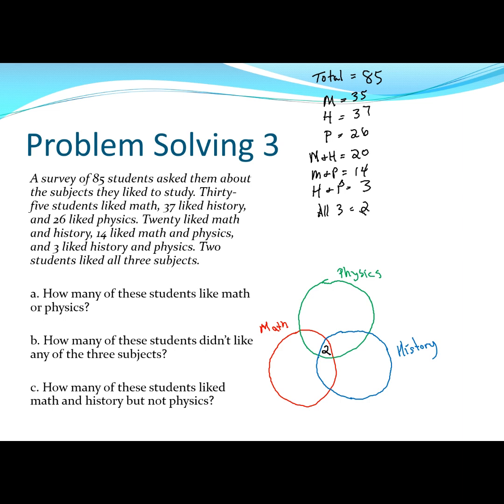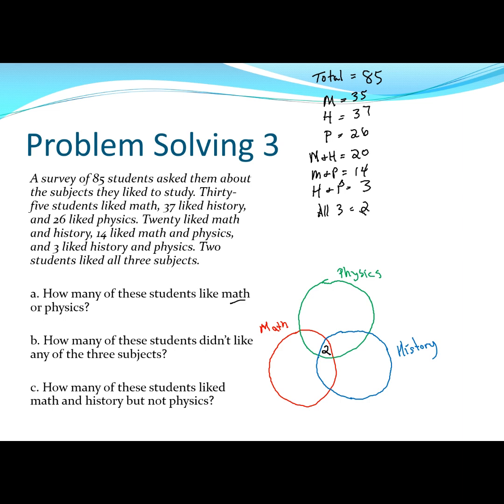All right, so for only math, for letter A, we need to find out how many of these students liked math only. So let's start out with math.